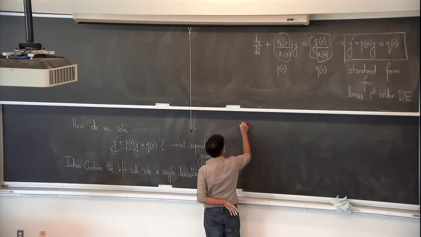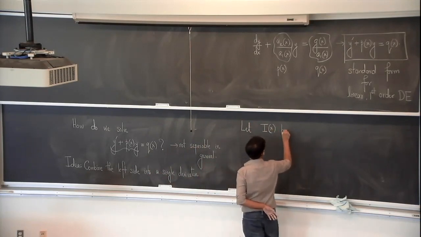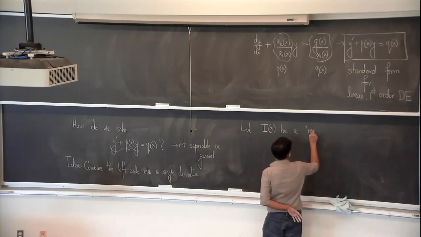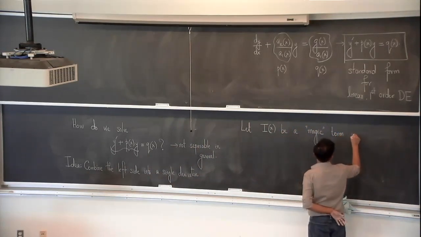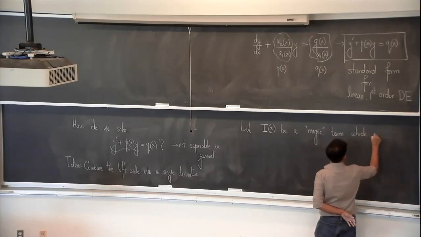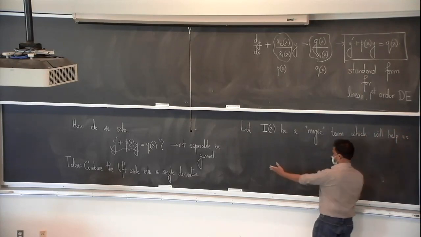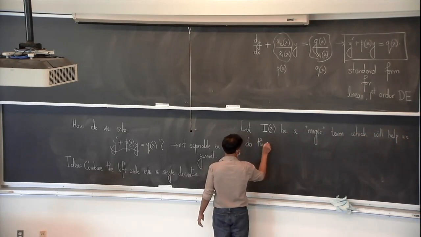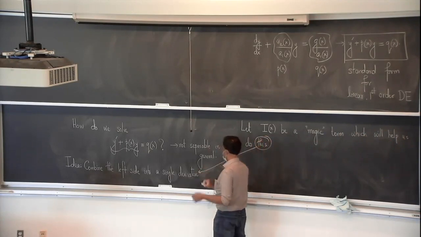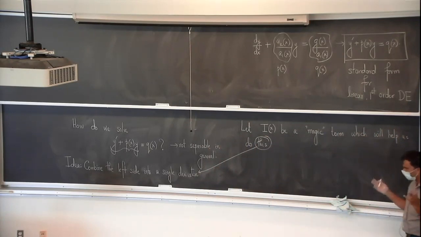So let I of x be a magic term which will help us do this. It cannot just happen out of nothing. We have to do some manipulations. Let that magic term be I of x.